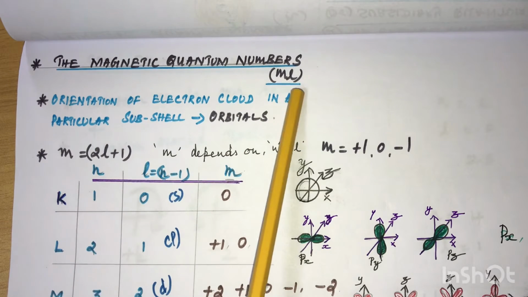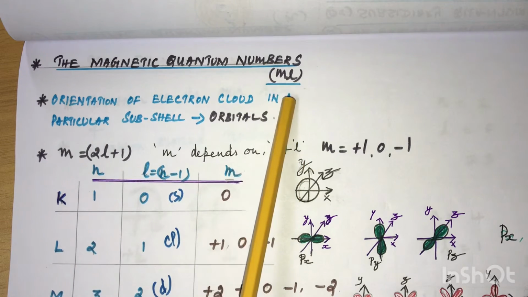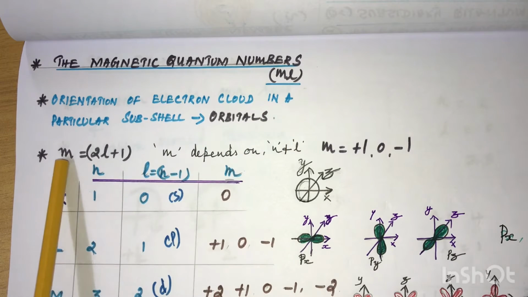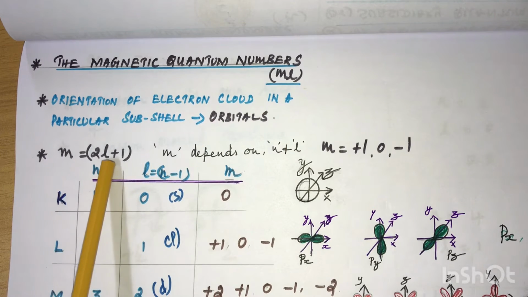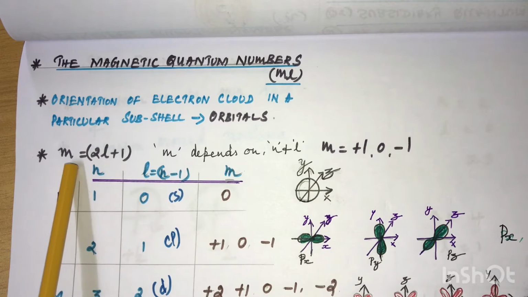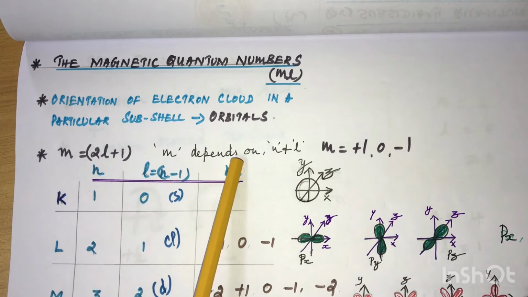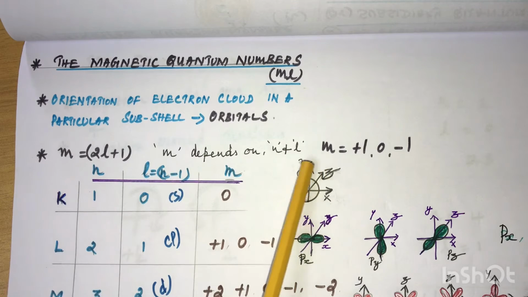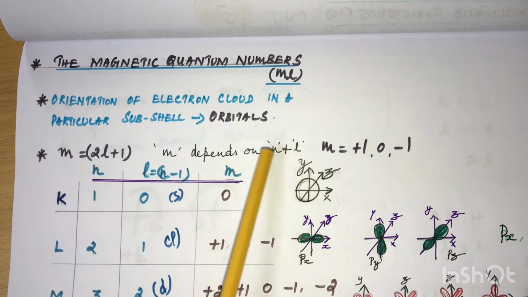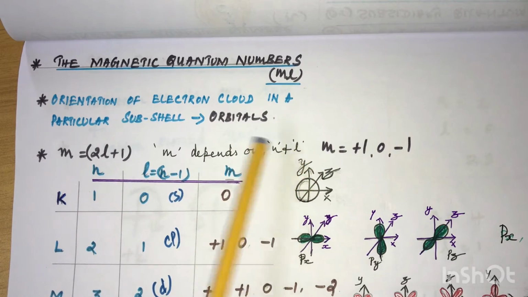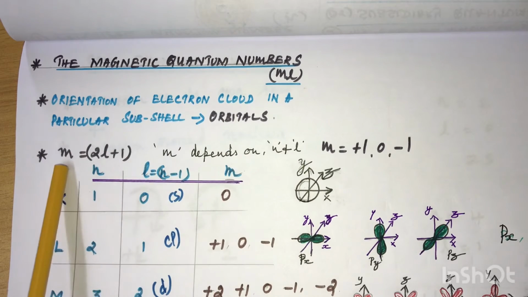Its value is ml. The value of m can be calculated by knowing the value of the angular momentum quantum number l, that is, the number of m values is 2l plus 1. The value of m depends upon n and l. As we are calculating l by using n, we are using l for calculating m.